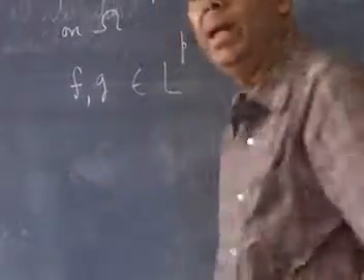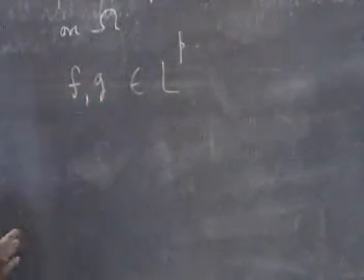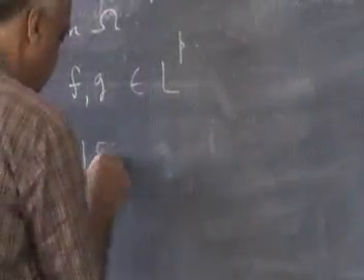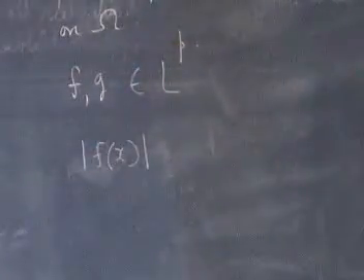Suppose I have two functions in LP. Then what happens is, mod fx is a real number, and mod gx is a real number.